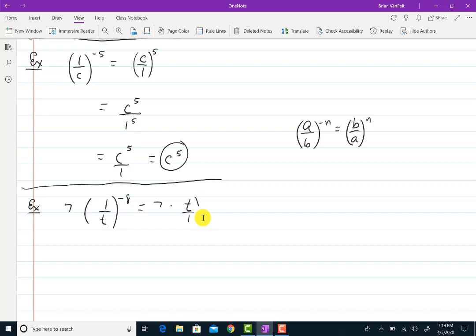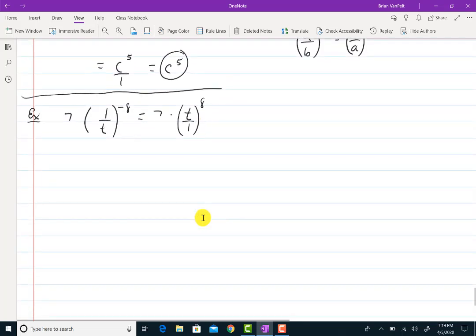T over 1 to the 8th power. And then we get 7 times t to the 8th over 1 to the 8th. And the 1 to the 8th is just 1, so I'm just left with 7t to the 8th power.